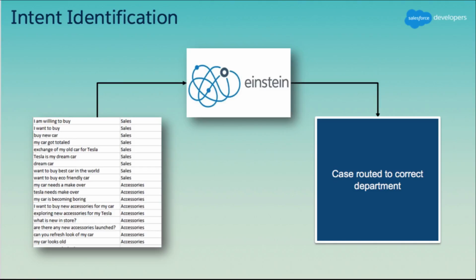And for intent identification, I would say case routing, which is also what we will see in our demo today. You can use intent identification APIs to have the case routing done correctly based on the subject of the case, for example. So that hopefully gives a little more background before we move on to the next.